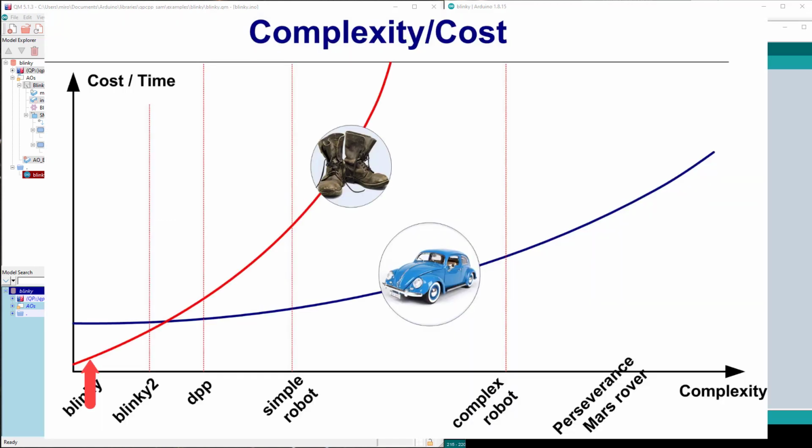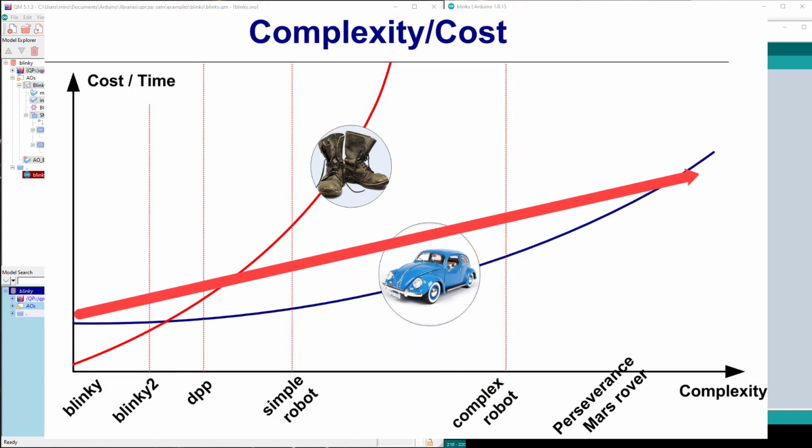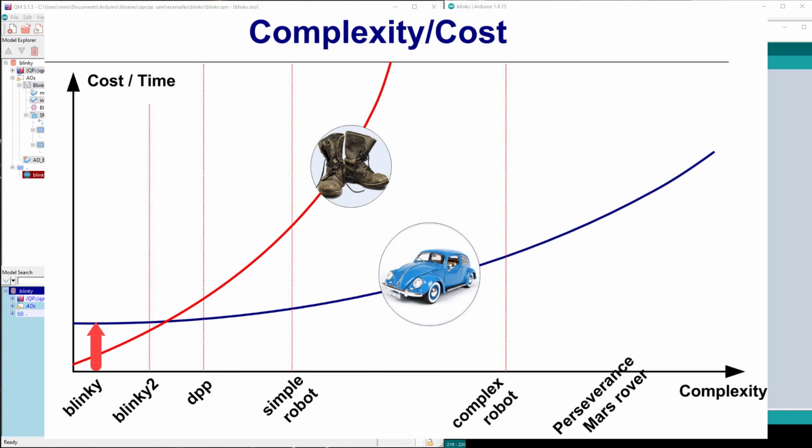Such approach works for simple problems, but scales poorly and quickly becomes expensive for more complex projects, where you need to do many things simultaneously, like for instance to blink a second LED at a different rate. In contrast, the event-driven approach scales much better, so even though it is obviously more expensive for toy projects like the Blinky, it is much more cost-effective as the complexity of your projects increases.